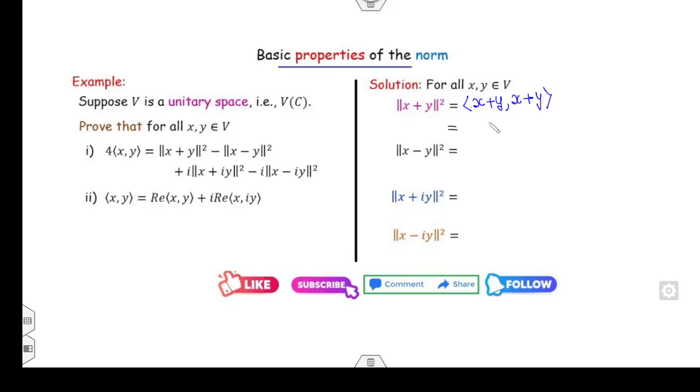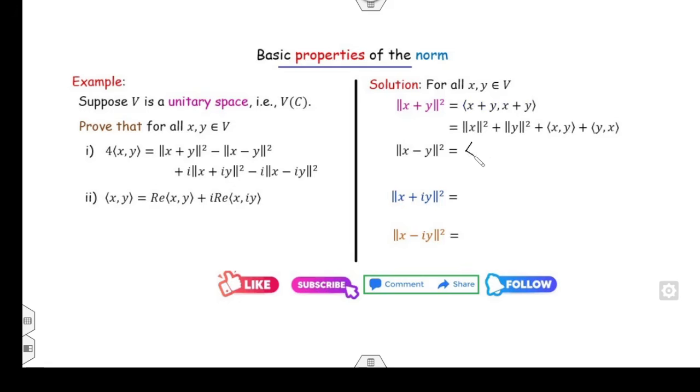So that will be (x, x), which I write as norm of x square, plus (x, y) plus (y, x), and (y, y) I call norm of y square. Make sure students, you are in the complex field. Complex field means (x, y) is the complex conjugate of (y, x). Clear?